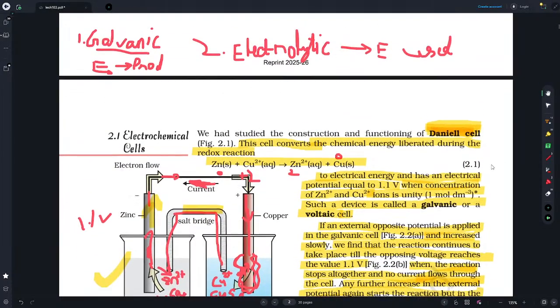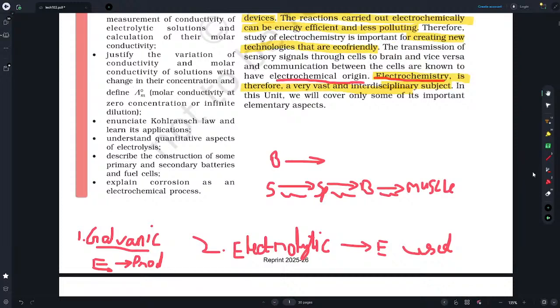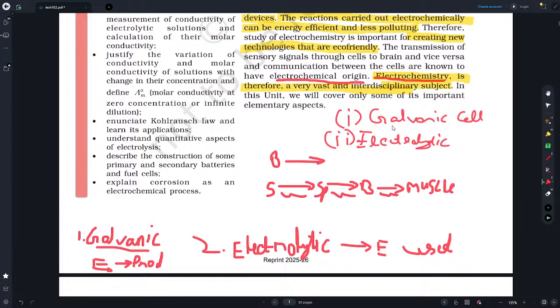And there are two types of electrical cell. One is the galvanic cell. Two, it is the electrolytic cell. In galvanic cells, electricity is produced, whereas in electrolytic cells, electricity is consumed.